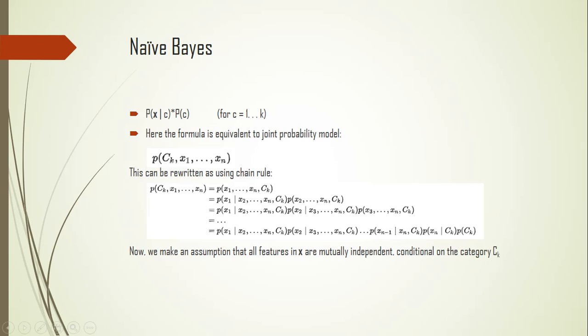This can be written as a chain rule as shown in the formula, and we multiply all the conditional probabilities of X with all the classes and multiply it by the probability of class Ck.